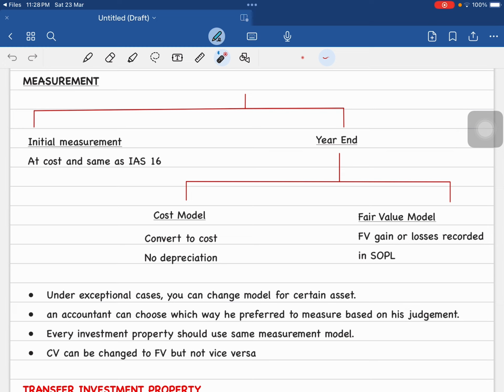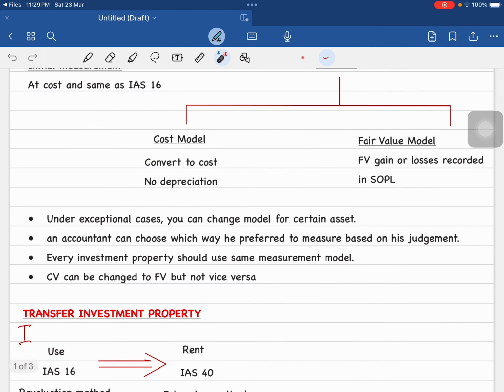Under the cost model, you're not depreciating the asset. Instead, at year end, you're going to convert the cost into the fair value. If the fair value model is used, whatever fair value gain or loss you have, you record it in SOPL instead of OCI.